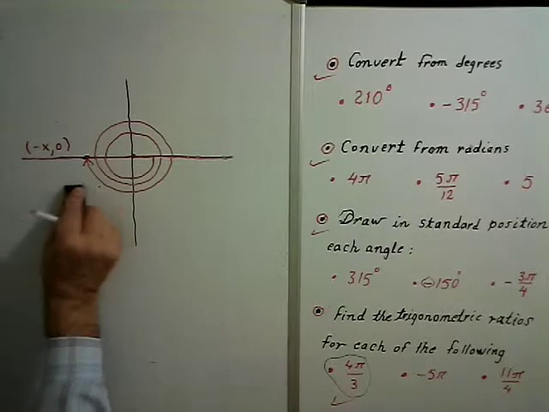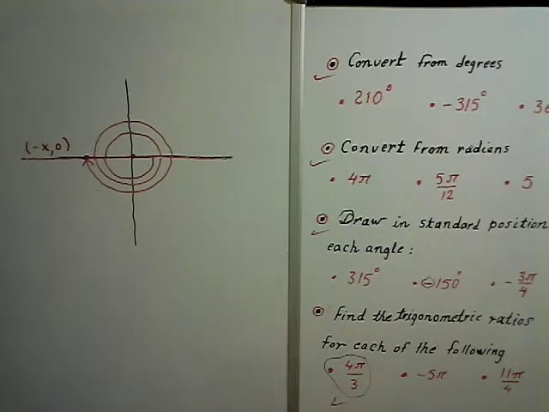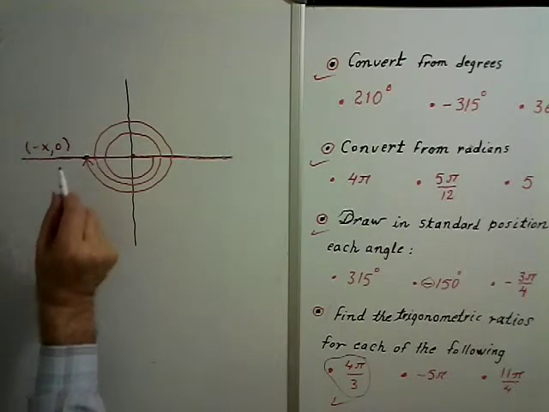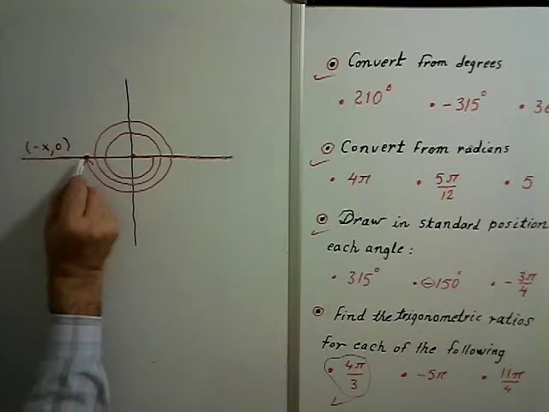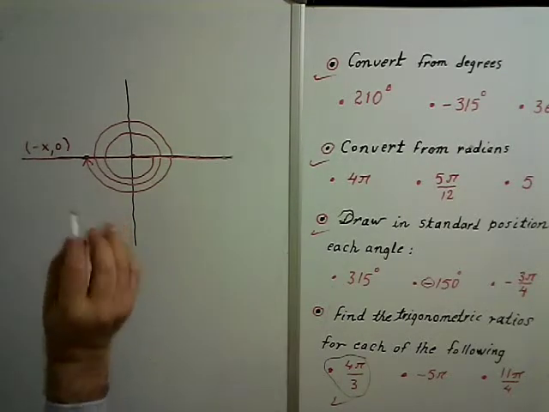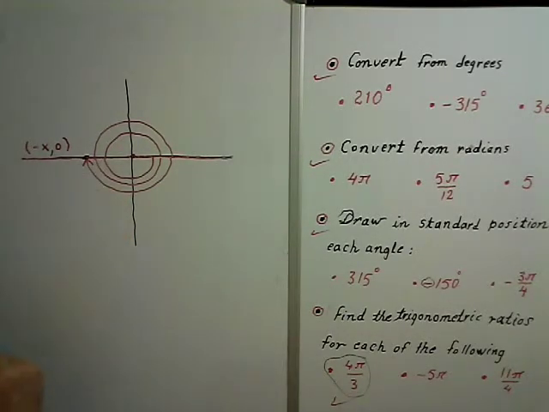So it's easy to write the ratios here. If you consider this angle, it's like the angle 0, but in the negative direction.